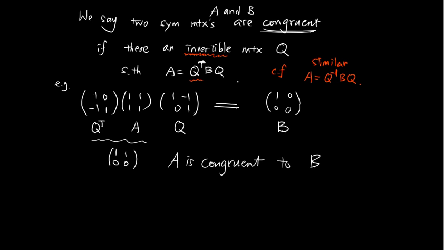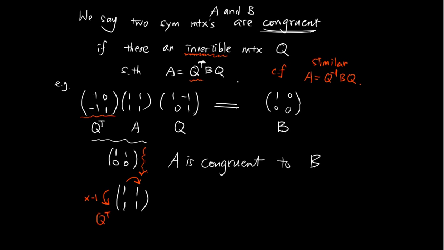So if this is okay, then like what I said before, let me formally write it down. You can start from A and do some row operations and column operations simultaneously. The first part, this matrix Q transpose, tries to multiply the first row by -1 and add that to the second row.